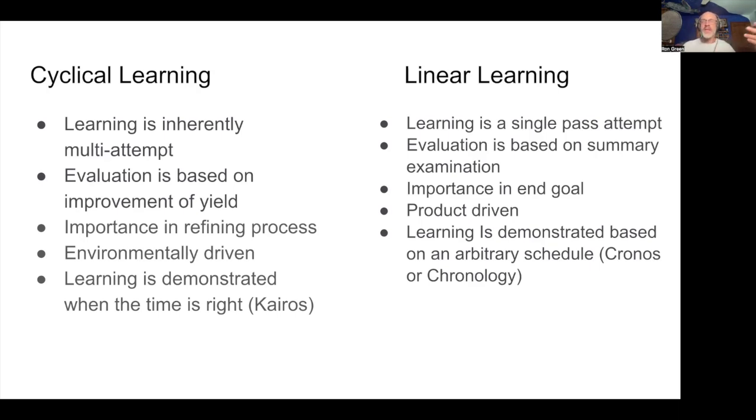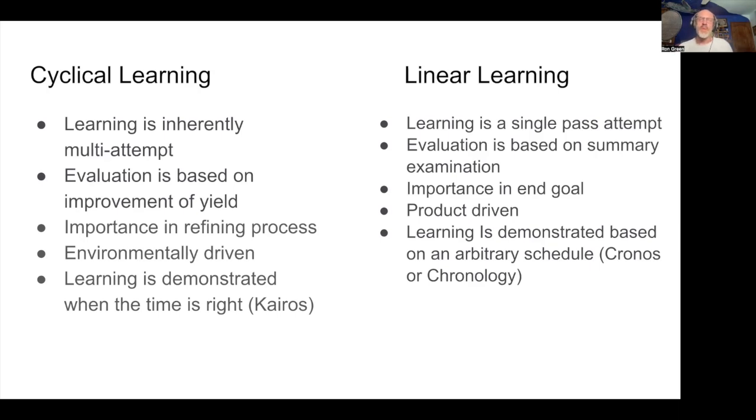In cyclical learning, when we consider evaluation, evaluation is based on the improvement of yield. So it's based on us getting better at the thing that we're trying to learn. Maybe that's grammar, maybe that's spelling, maybe it is vocabulary, maybe it's fluency, maybe it's reading.